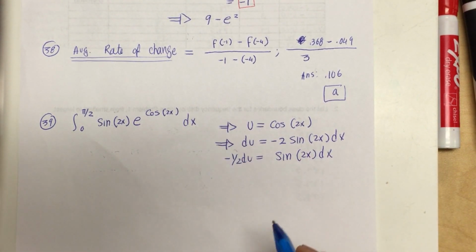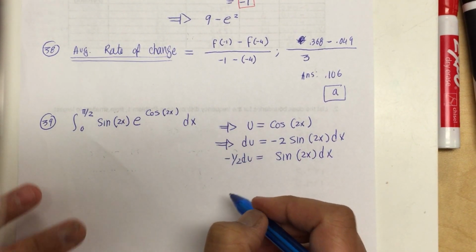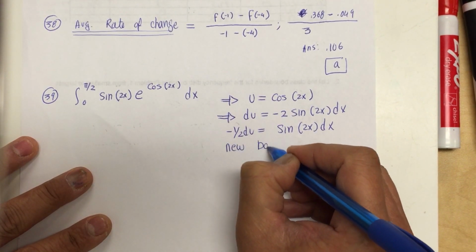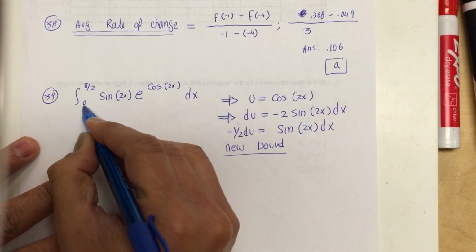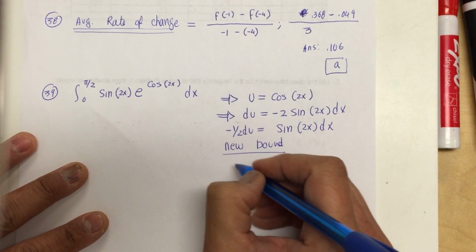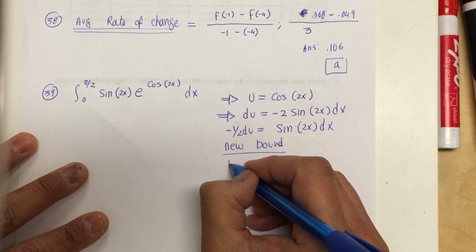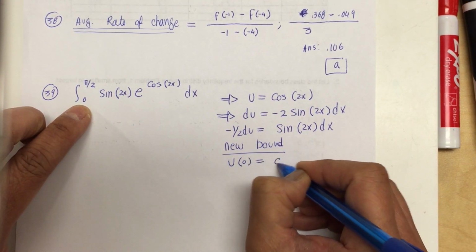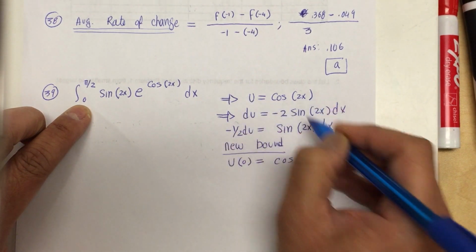Now, before we make a substitution, why don't we also find the new bounds? These are old bounds, so we have to find new bounds. To find the new bound, we start with the u function, and the old bound is 0. Plug that into the u function.